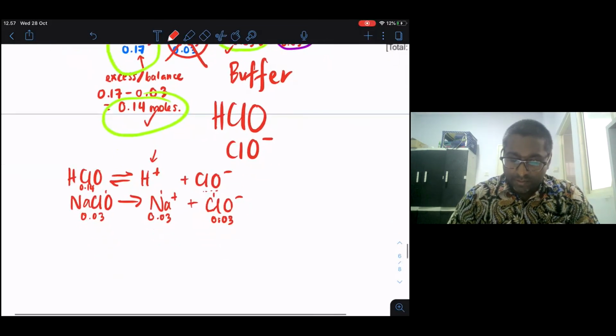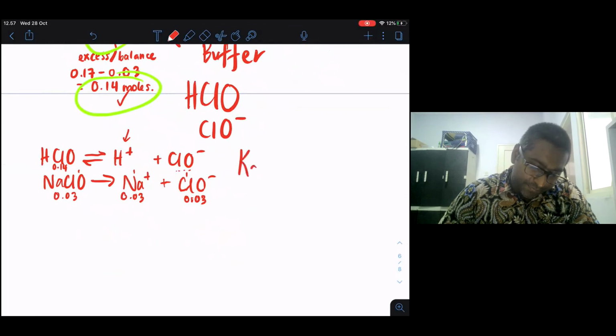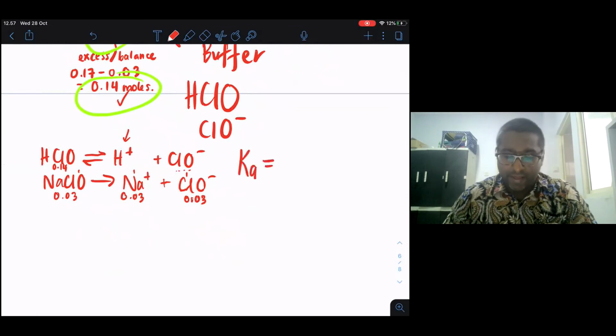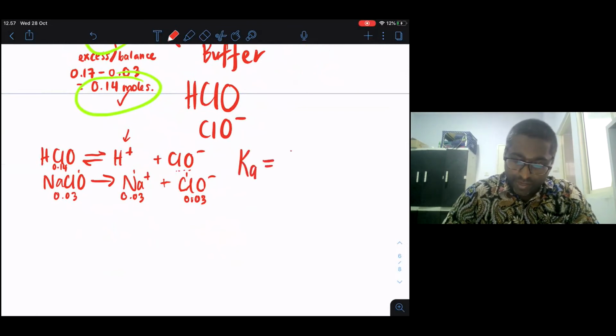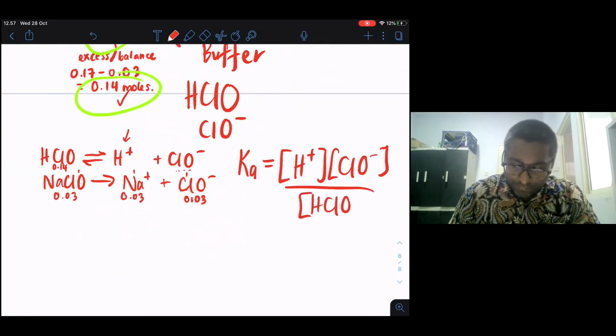If you want to write down the equation, you need to know this. Ka, the acid dissociation constant for a weak acid, is H plus times ClO minus divided by the concentration of HClO. I need to find the pH.